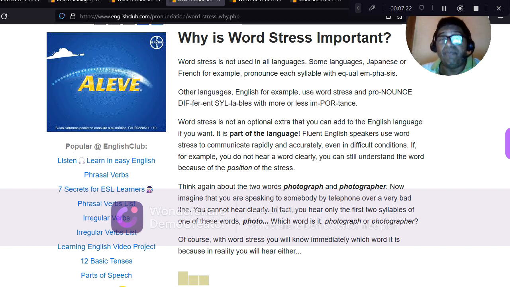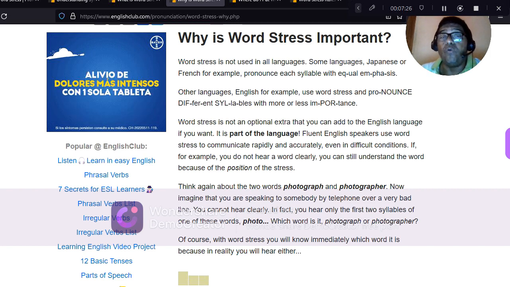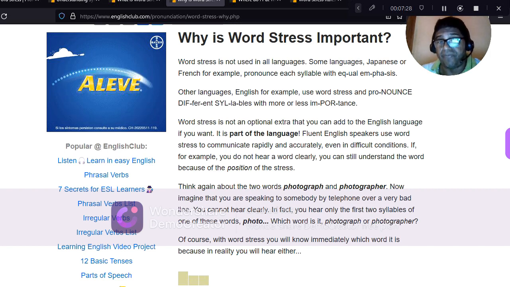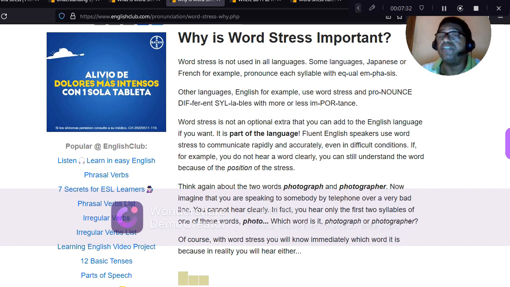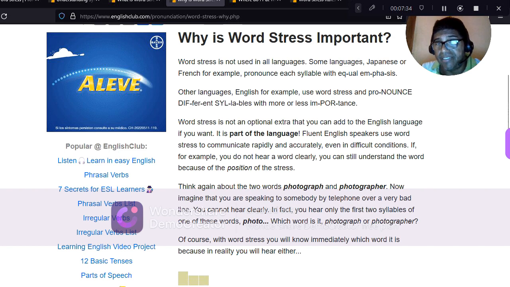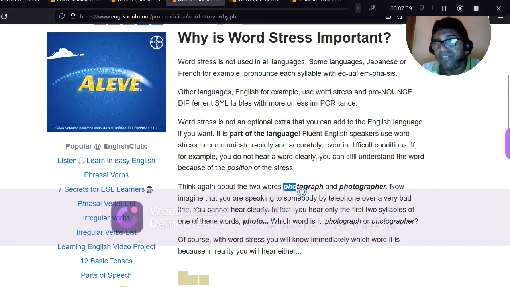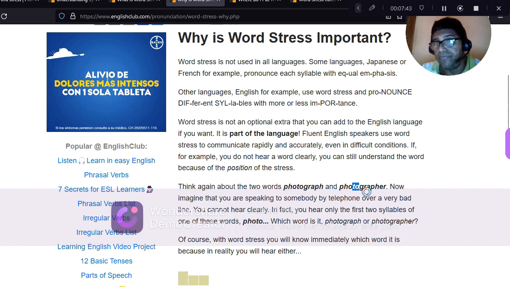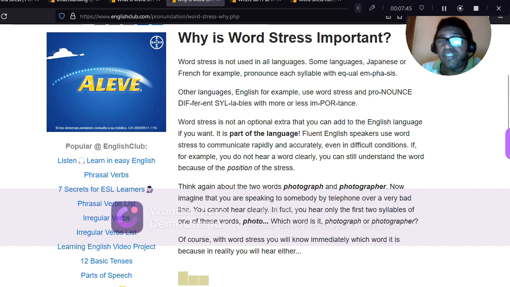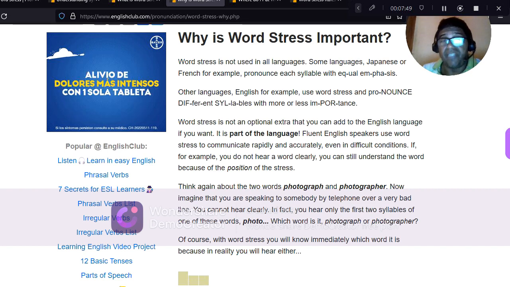If, for example, you do not hear a word clearly, you can still understand the word because of the position of the stress. Thinking about the two words photograph and photographer. Look at this, photograph. I make the emphasis here. Photographer, I will make the emphasis on the second syllable. Now imagine that you're speaking to somebody by telephone over a very bad line. You cannot hear clearly.